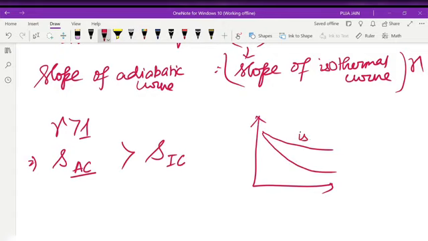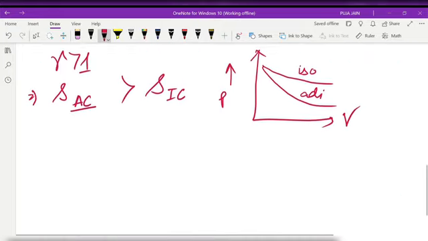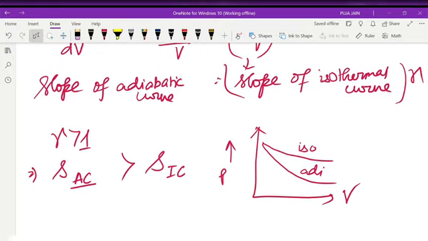So this is iso and this is adiabatic. Here this is V and this is P. So you understood this? Why the slope of the adiabatic curve is greater than the slope of the isothermal curve. Okay, so this is done.